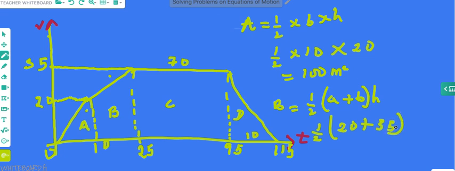Then our height is going to be 25 minus 10, the distance between 25 and 10, and that is 15. So that is going to be 15 here.